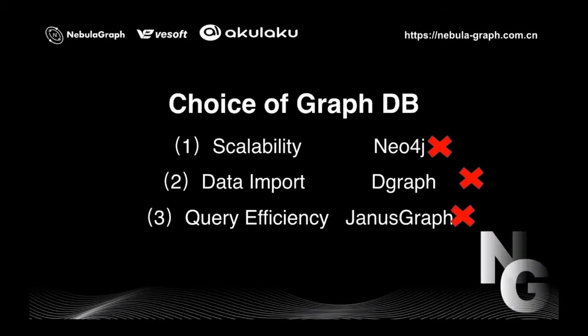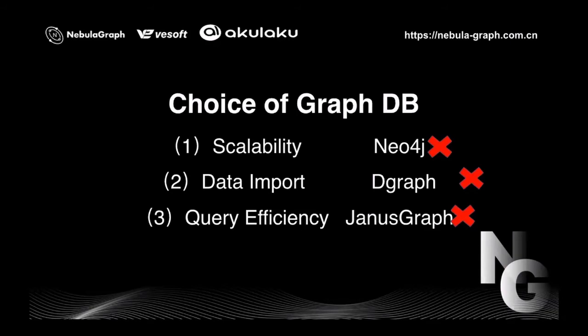For the choice of graph database, we have tried quite a lot, actually three different graph databases. Each of them failed for one or more reasons, and the reasons they failed highlight the key considerations when choosing a graph database. The first consideration is scalability.